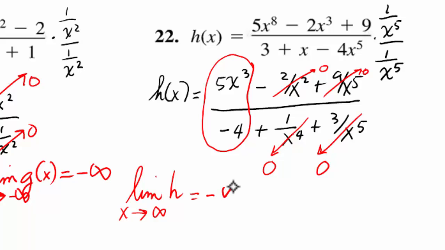So this is minus infinity. And when we take the limit of h as x approaches negative infinity, x cubed becomes minus infinity, but then you're dividing by a negative constant, so this is now plus infinity.